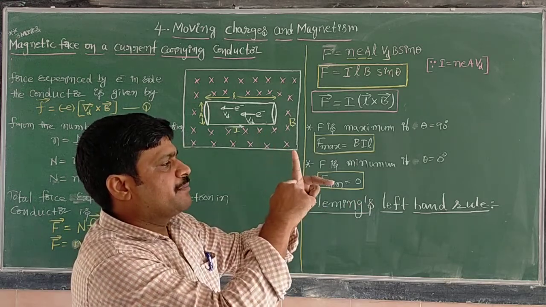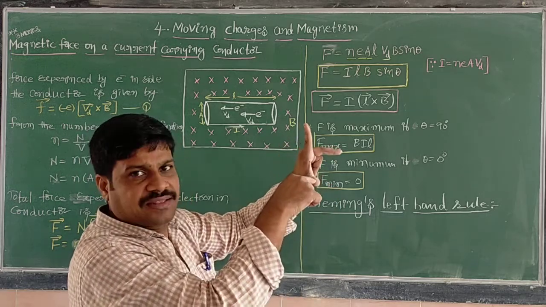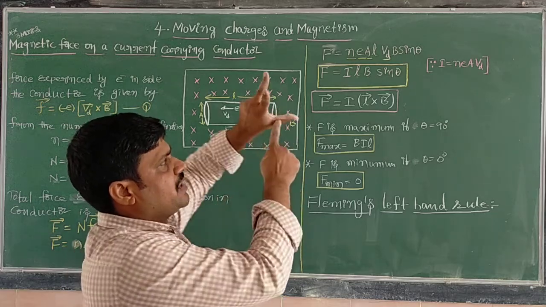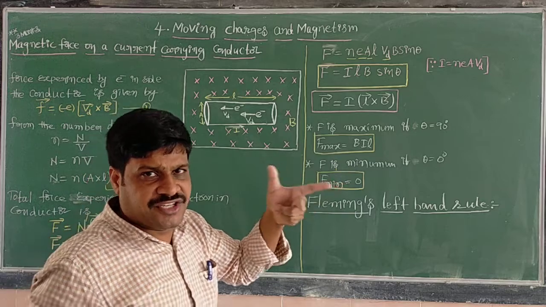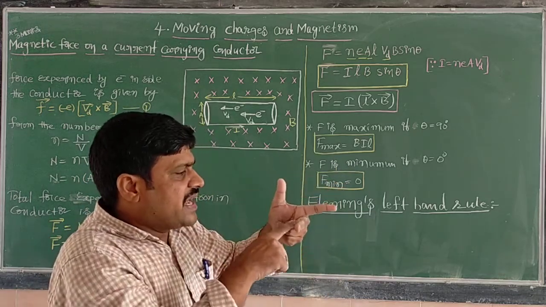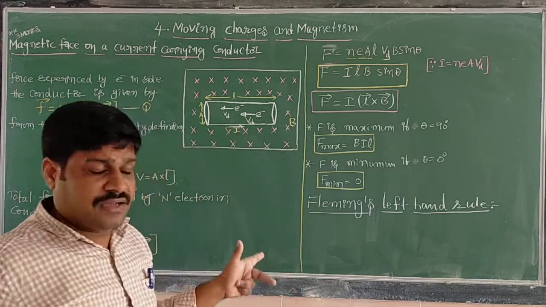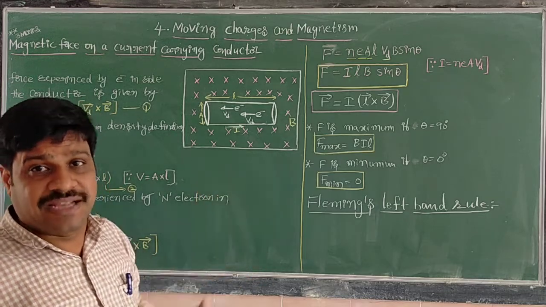The forefinger is perpendicular to the middle finger. If the first three fingers are arranged like this, we can give the direction of the force which is experienced by the conductor.